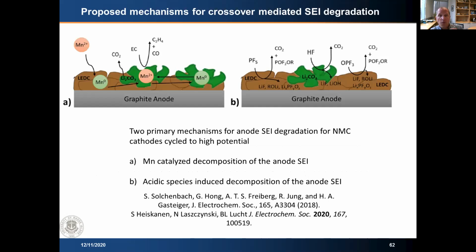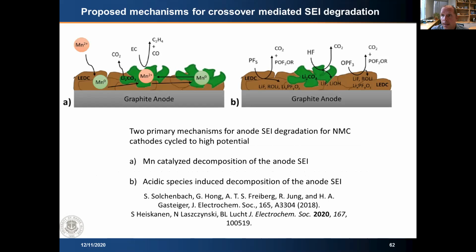And so overall, for all of these cathode materials, we believe there's kind of a similar trend in terms of how cathodes that are cycled to high voltage, or NMC cathodes with high potential or high nickel content, are degrading.